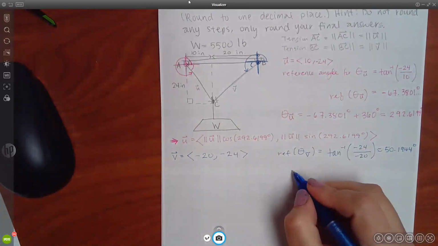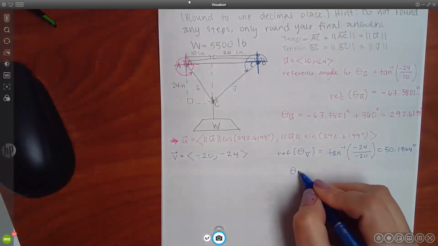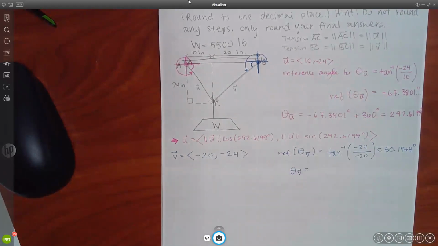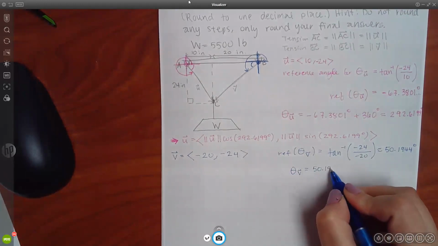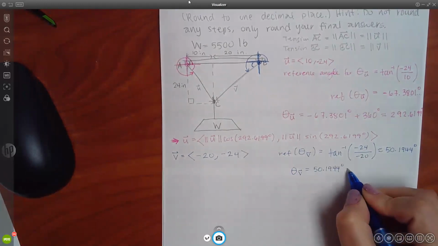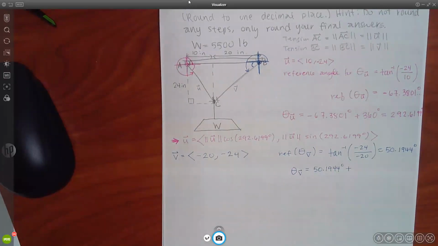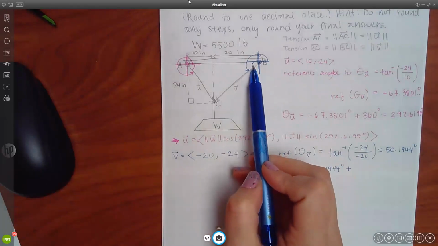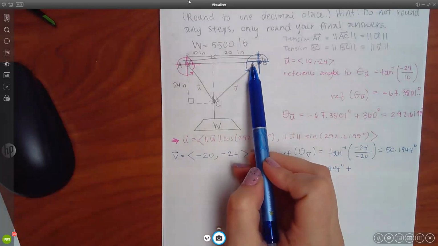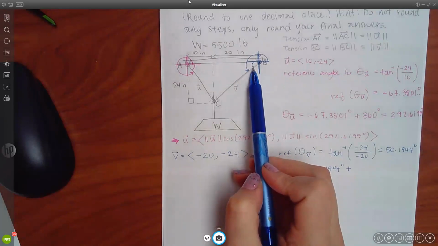So how can I find the actual angle for the theta of v? I don't think I'm going to add 360 this time. What am I going to add? I'm looking right here. This is the number I found. I found out that that angle is about 50 degrees.